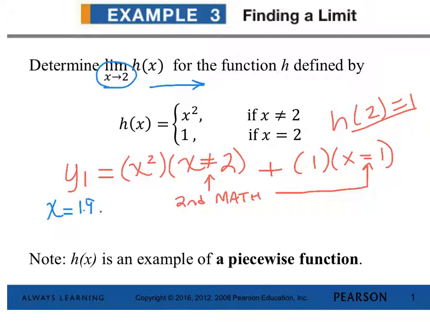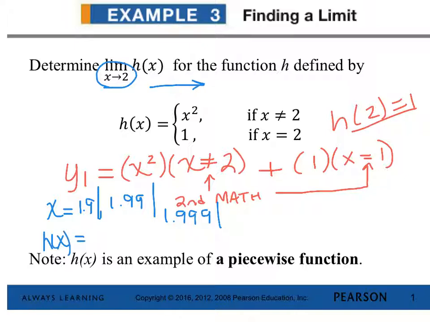And then we're going to let x equal 1.99. And then we're going to let it equal 1.999. And see what happens to h of x as we do this.